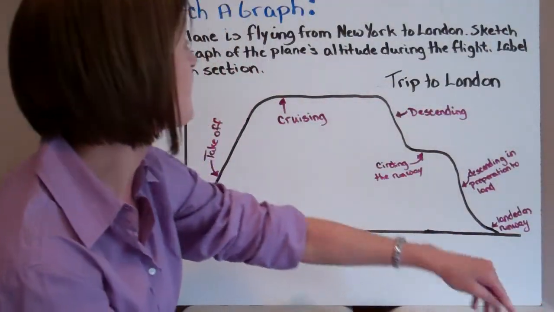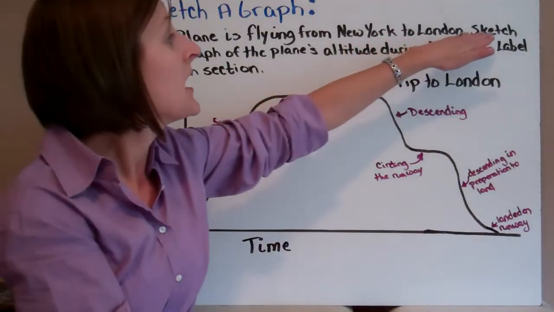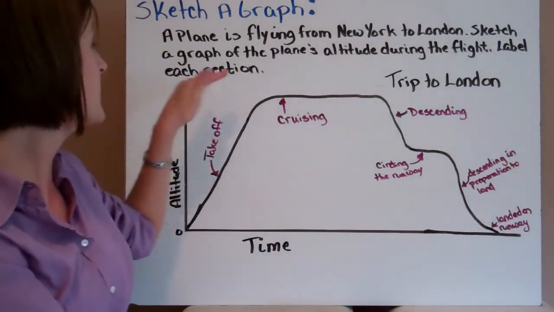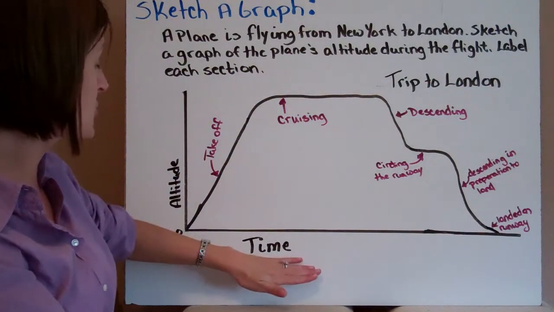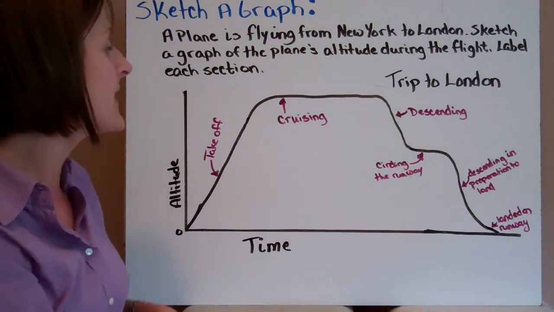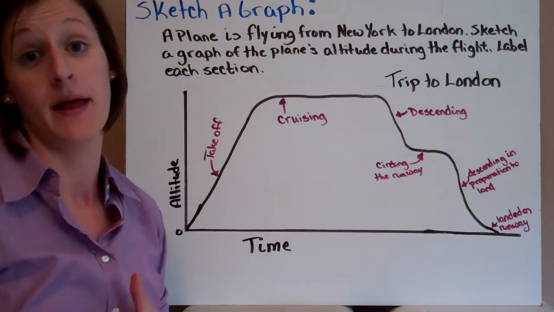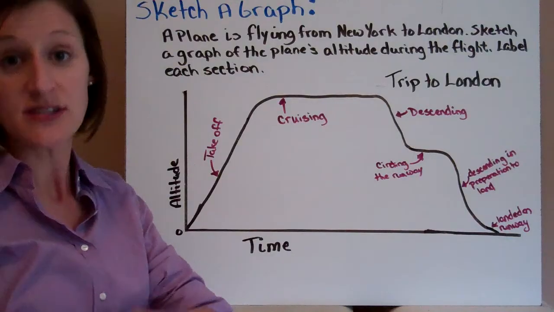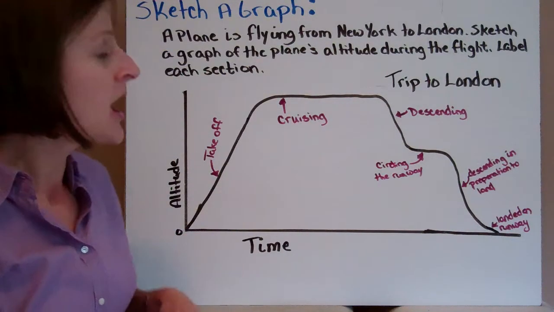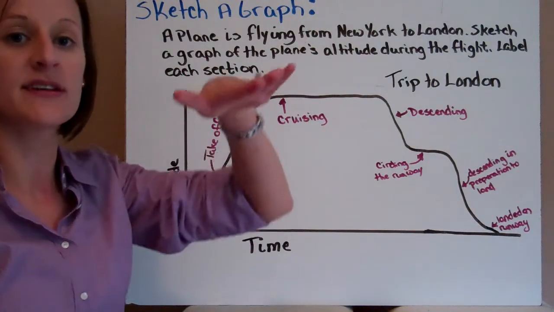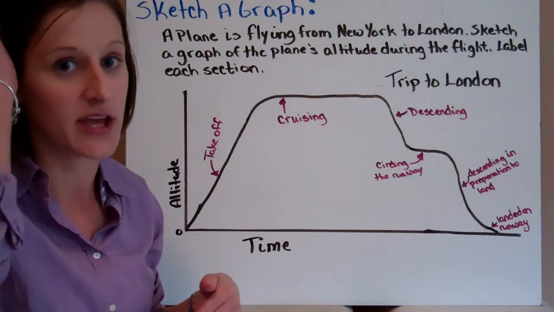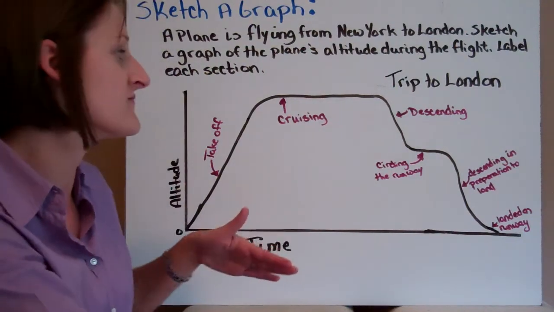So a plane is flying from New York to London, and we need to sketch a graph of the plane's altitude during the flight. Then label each section. So we're doing it over time, and this time our y-axis is altitude. Now, when we're taking off in a plane, we start at the ground, which is like our 0 altitude. So that's why I start down here. And when you take off, you're increasing your altitude until you reach your cruising altitude that you stay at for a long period of time.